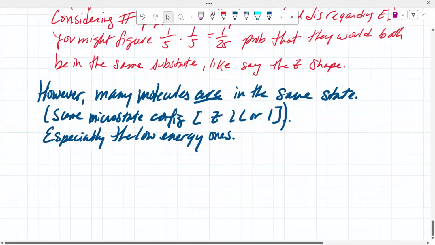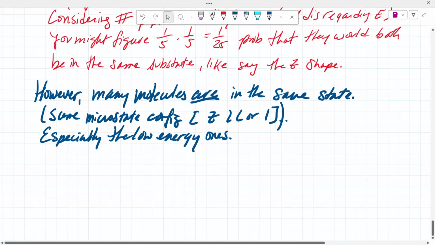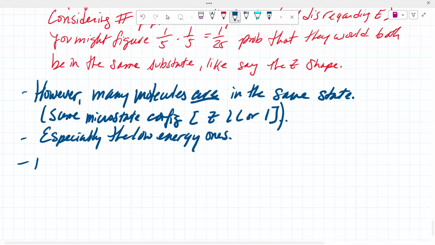Why does this happen? This is because many of the states are inaccessible at a given temperature.